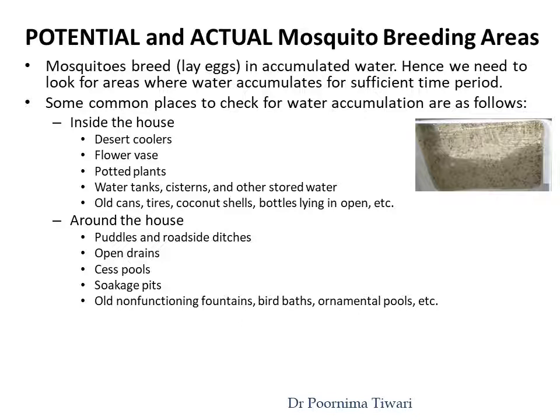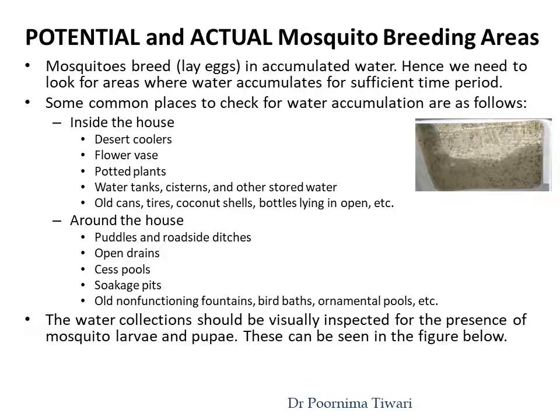Then you look around the house for puddles and roadside ditches which may be full of water, open drains, cesspools and soakage pits, old fountains where the water has been left, bird baths, ornamental pools which are full of water, etc. If any of these are present, you report that potential mosquito breeding areas are present.